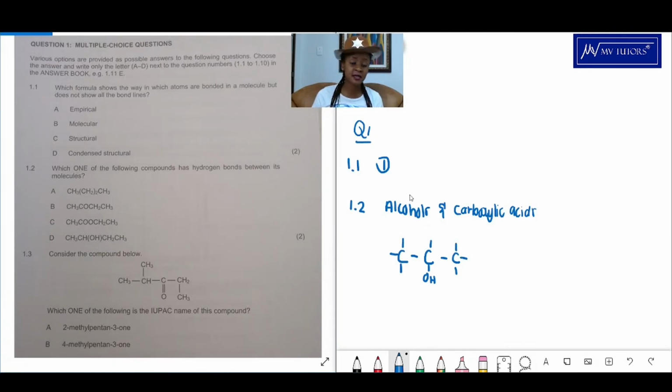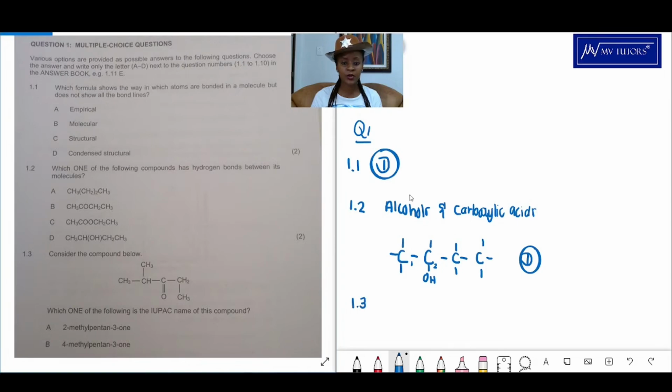By the way, this is the condensed structural formula. And then finally, this would be butan-2-ol. 4 carbon atoms, butane, and then the OH is on the second carbon. So this is definitely the answer that we are going with, D. Even this one was D.